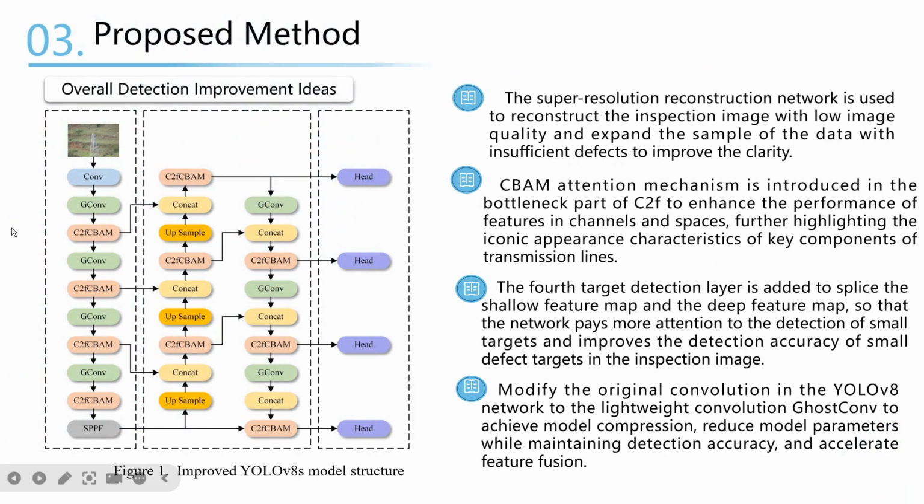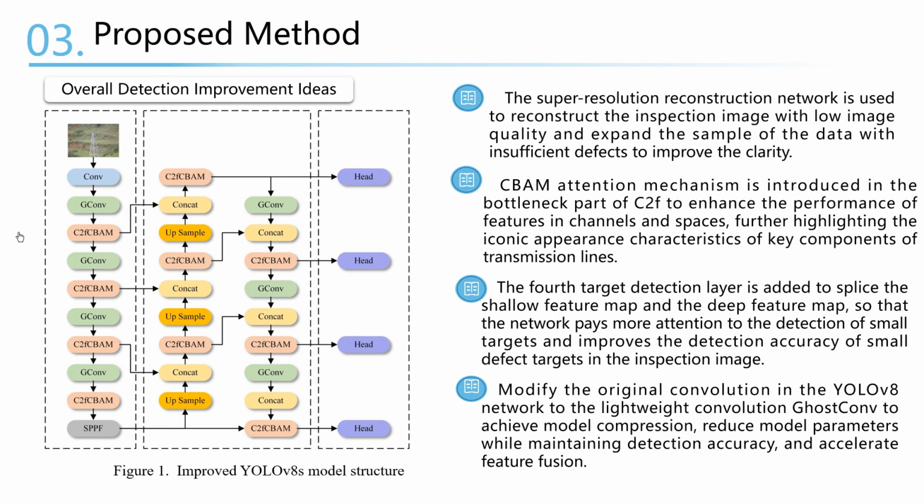Section 3. Proposed method. Overall detection improvement ideas. The super-resolution reconstruction network is used to reconstruct the inspection image with low image quality and expand the sample of the data with insufficient details to improve the clarity.